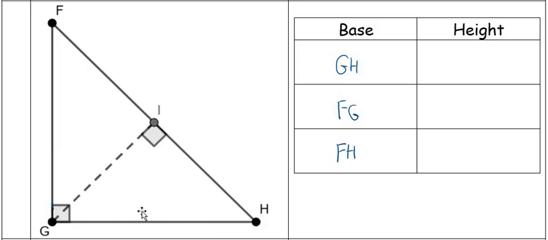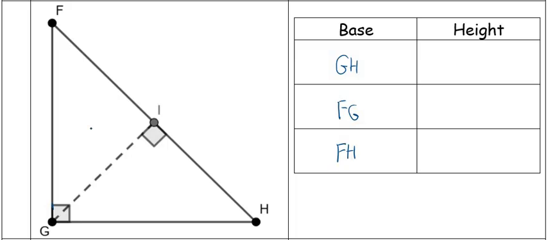Now we can see where's the mountain top for GH. The mountain top of GH is this F over here. So from the mountain top you trace a line down to the base, which is GH over here, right? And as you trace the line down to the base GH, you will see there is a perpendicular sign over here.